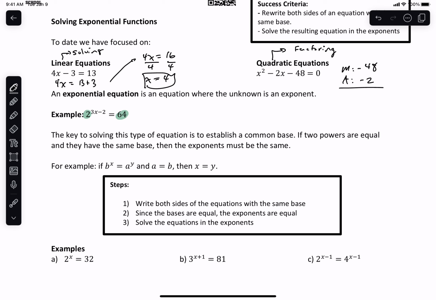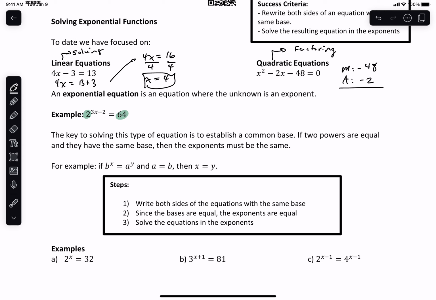So if two powers are equal, then they have the same base and the exponents must be the same. That's important. Once you make those bases match, you can equate the two exponents together and solve for x accordingly. Hopefully that makes sense as we work through here.